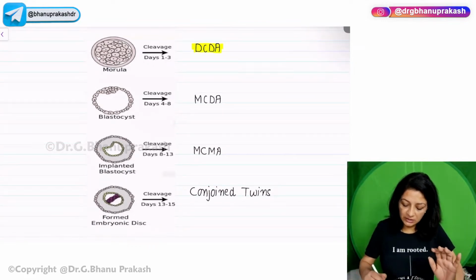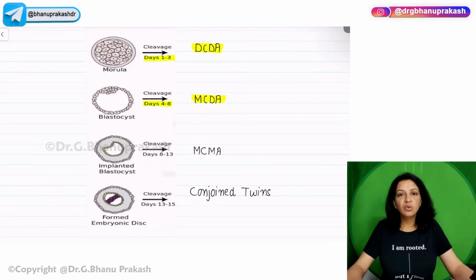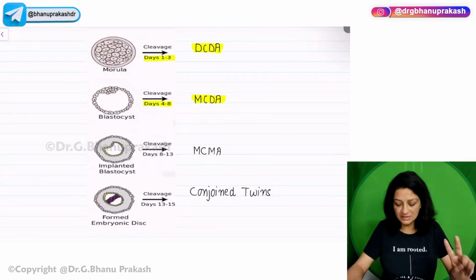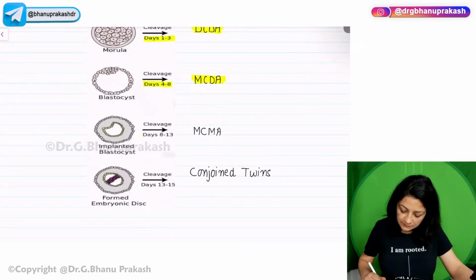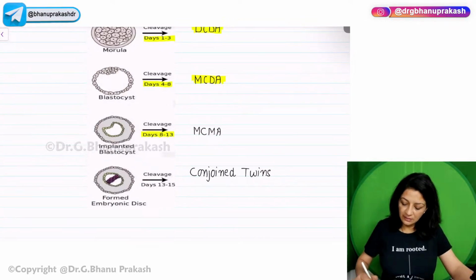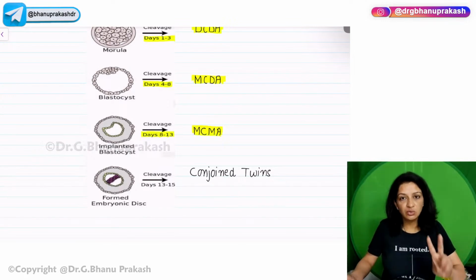If the splitting occurs at 4 to 8 days, this is called monochorionic diamniotic. Monochorionic means 1 placenta and 2 amniotic sacs. If the splitting occurs at 8 to 13 days, then monochorionic monoamniotic, meaning one amniotic sac with 2 fetuses and 1 placenta.